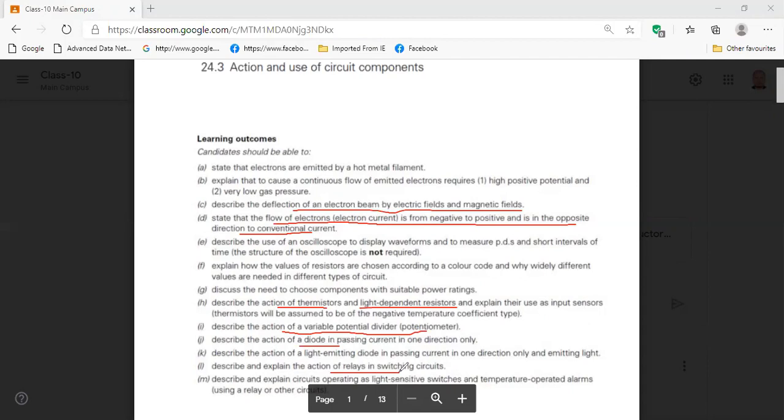One circuit is helping another circuit to work. That is relay. So we are combining all these instruments together and making temperature operated light sensitive switches. So that's why we are having some recap from all these topics.